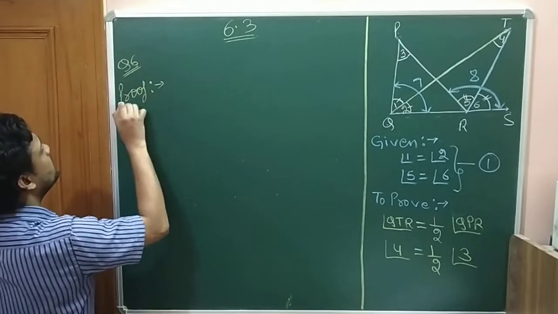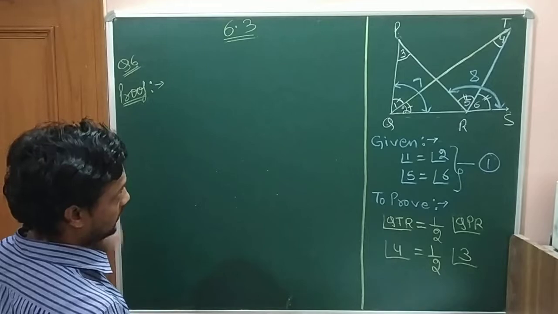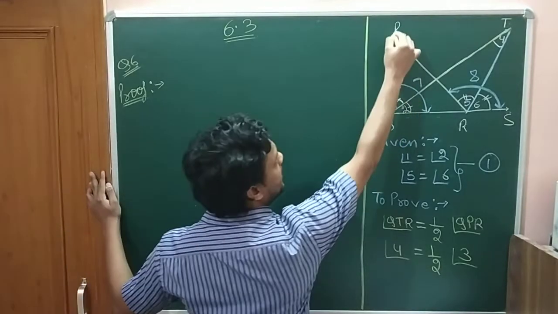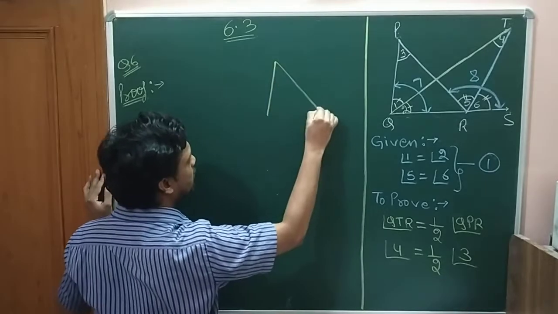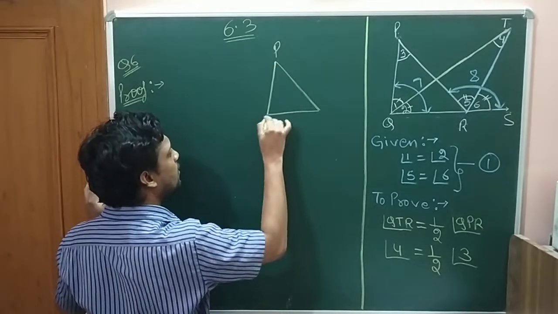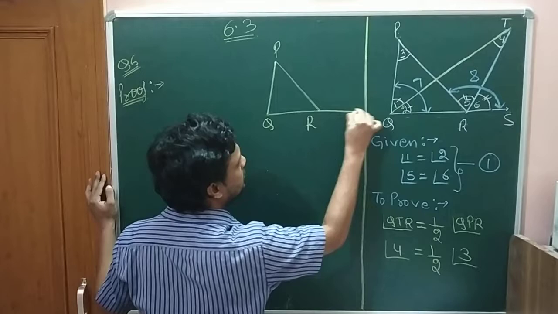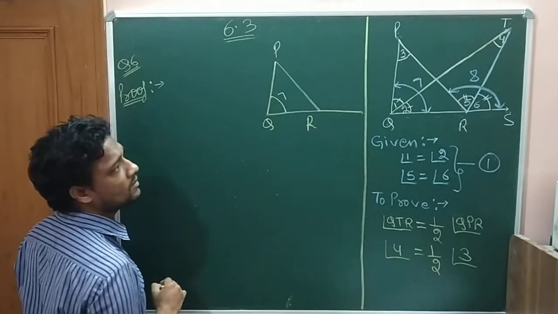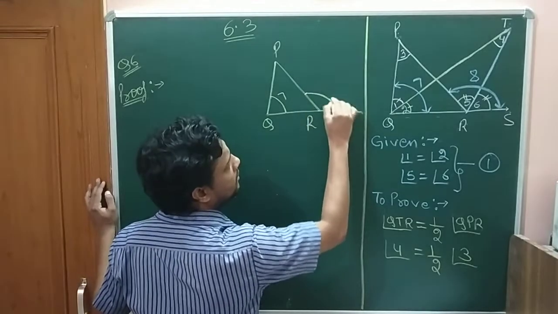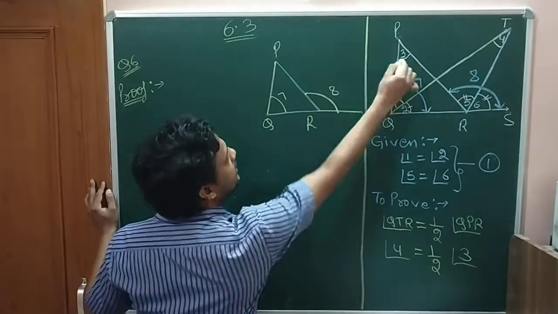Proof. First of all, in triangle PQR, here the angle is 7, and what is the angle here? That is 8, and this is angle 3.